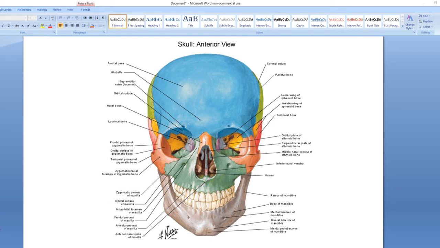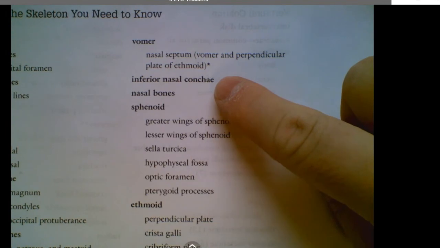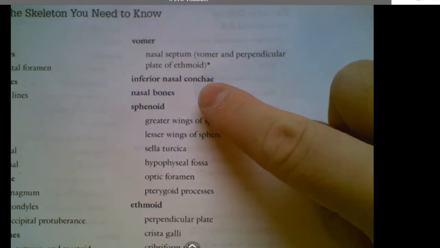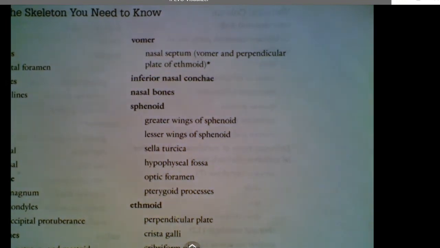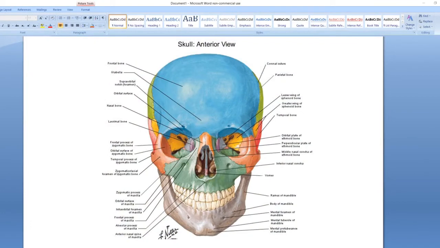And then also on the list, under vomer, you're going to see where it says inferior nasal conchae and then nasal bones. Now, the nasal conchae are these little flaps that are on the inside of your nose hole.